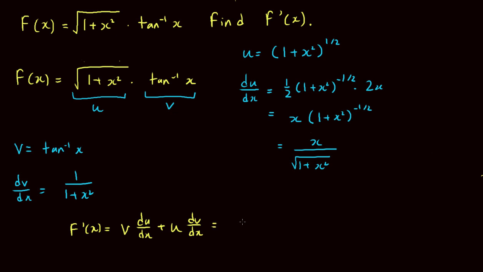So v is tangent inverse x, and du/dx is x over root 1 plus x squared, so we write x tan inverse x over the square root of 1 plus x squared, plus u, which is the square root of 1 plus x squared, times dv/dx, which is simply 1 over 1 plus x squared.